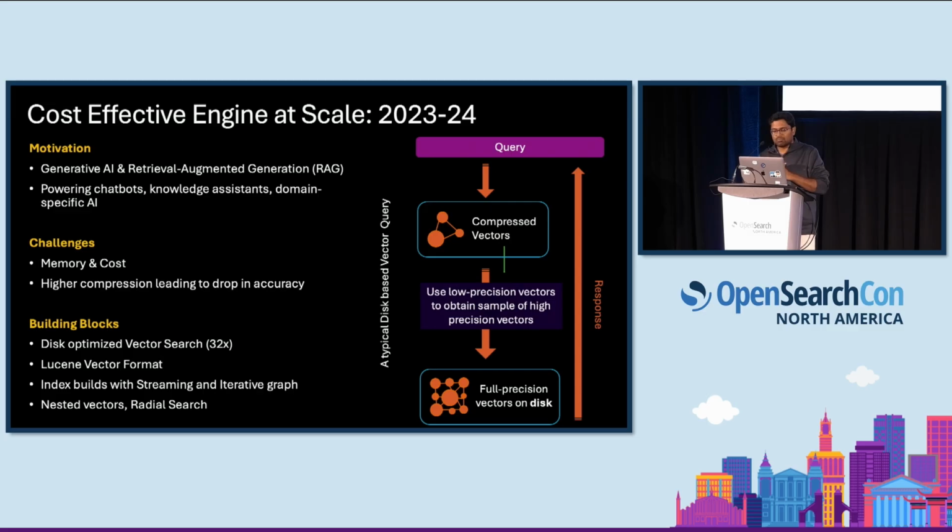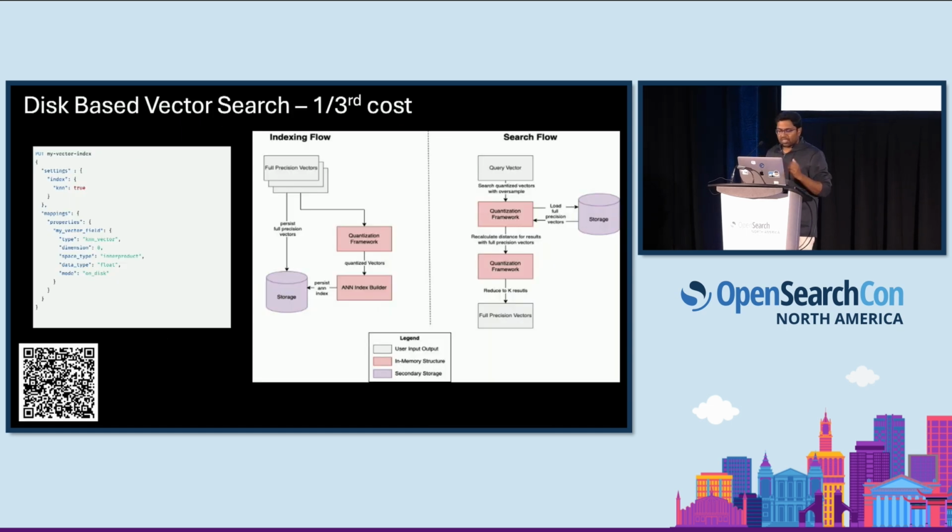So what are the building blocks OpenSearch leveraged to tackle this problem? OpenSearch introduced disk-optimized vector search, and I can walk you through what it is. The philosophy is taken from DiskANN. OpenSearch constructs a highly compressed index using binary quantization and puts it into memory, and the full precision vectors are put on the disk.